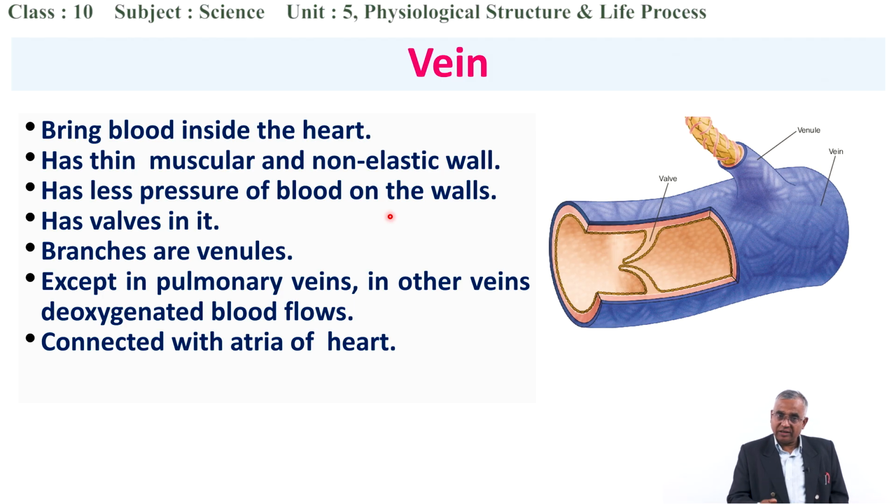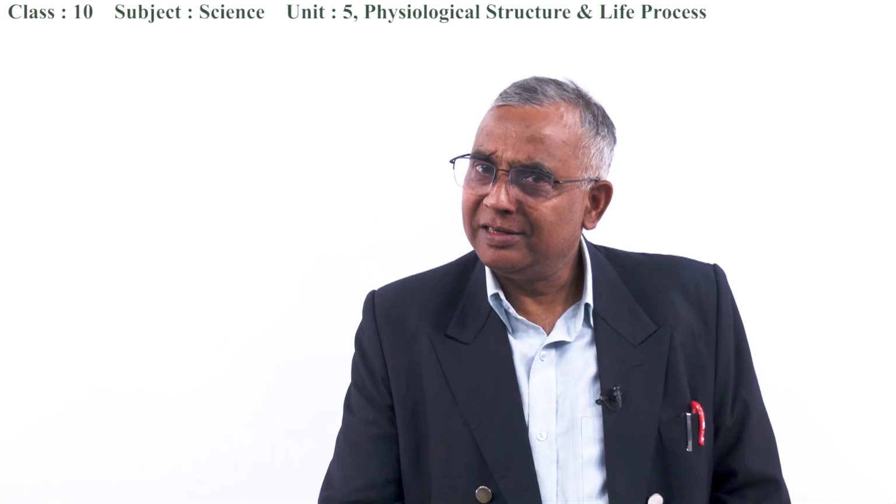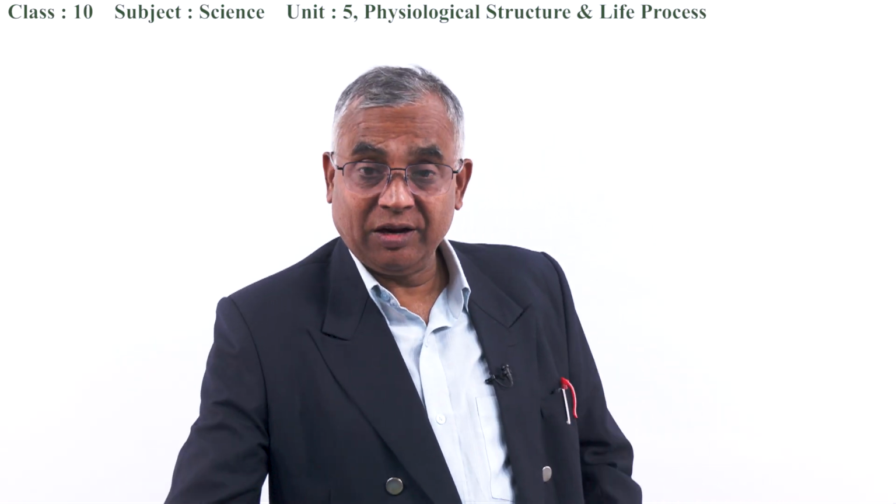So connected with atria of heart and found superficial in our body. Superficial doesn't mean at surface, close to skin. That is superficial, not as deep as arteries. Okay, so it is about vein. Now, what remained? Capillaries. Yes, capillaries are very important.